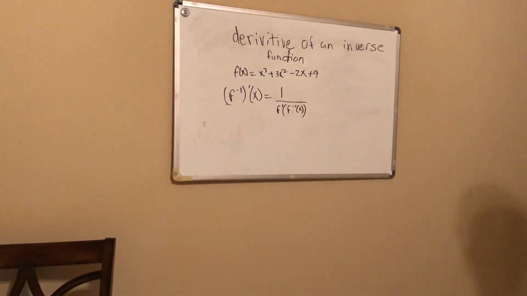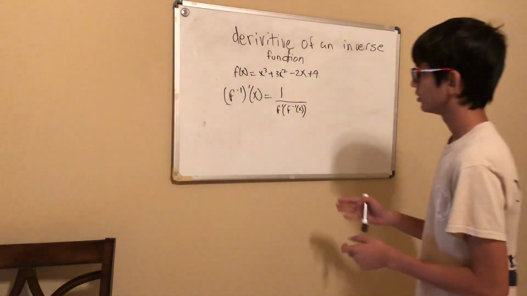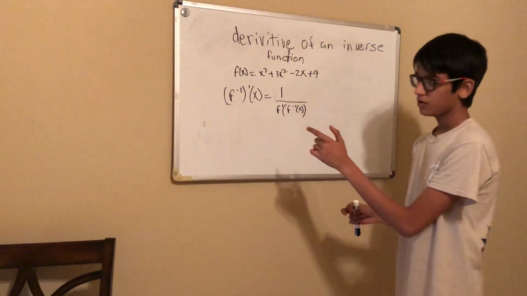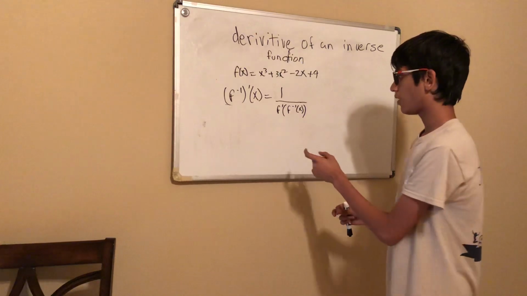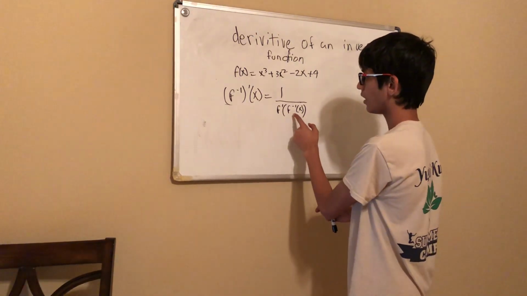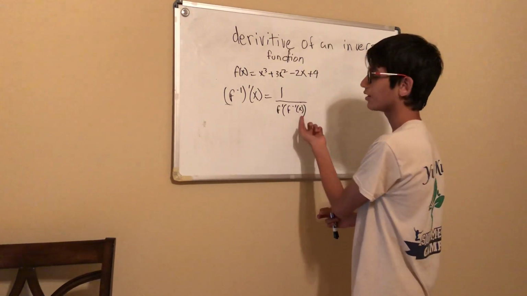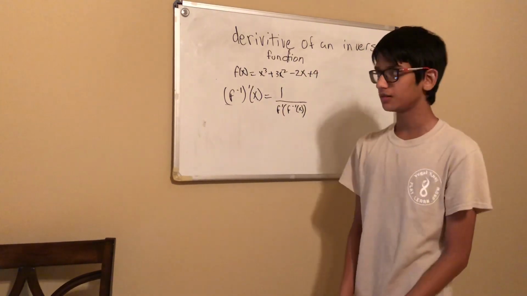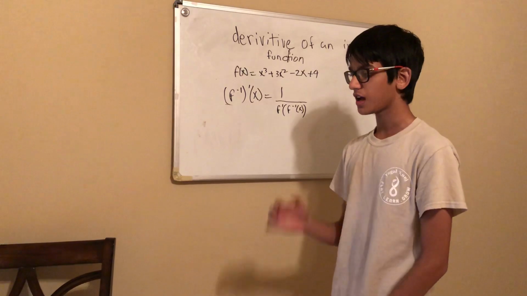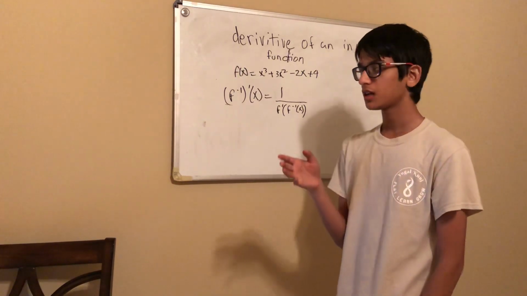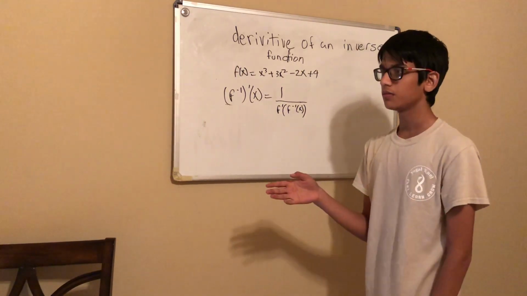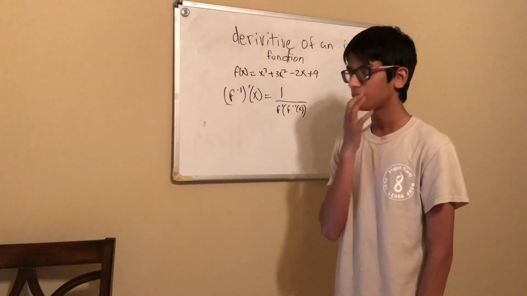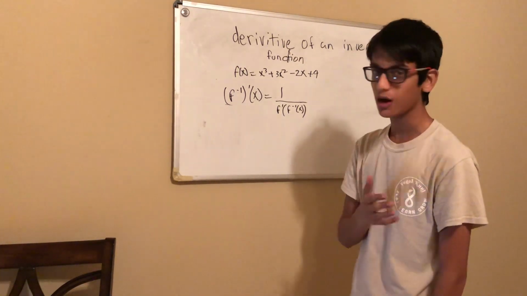So this is just a weird way of saying it's the reciprocal of f prime evaluated at the value of f inverse of x. And this makes sense because f prime of x times f inverse prime of y has to equal 1, right? Because that's just how inverses work.